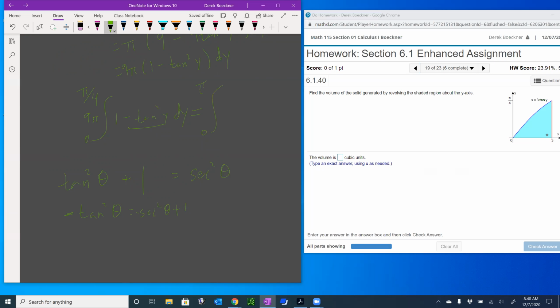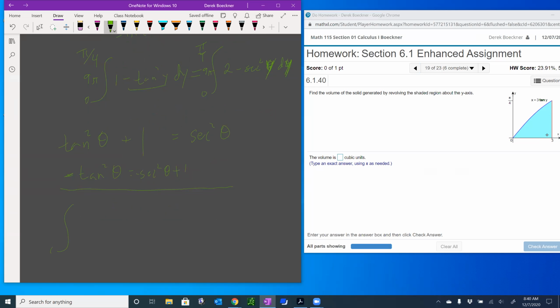So this is equal to the integral from 0 to pi over 4 of 9 pi times 2 minus secant squared theta d theta, or y dy. Let's do y dy. Are we good with that? Just a simple substitution with the trig.